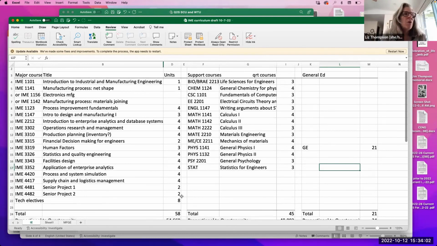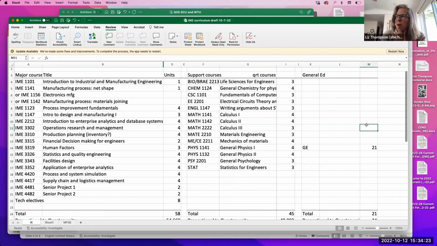Another thing, just so you know, what we're working under is we have these 3 categories of courses: the major courses, which are the IME courses, support courses, which are math and other sciences, and then general ed. And you can see there's a real blankness in the general ed. Nothing's in here because the general ed is actually changing.